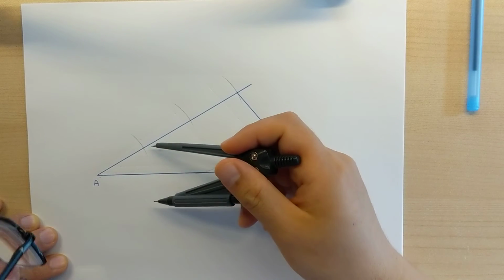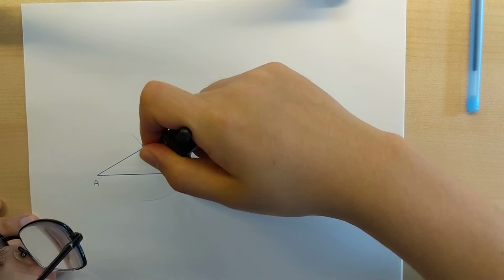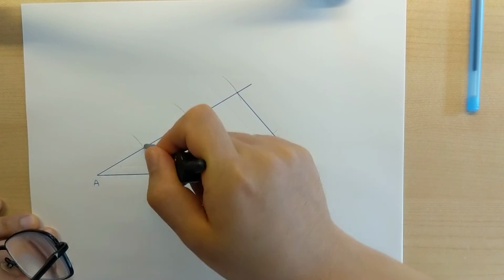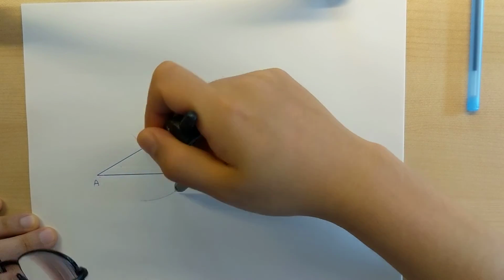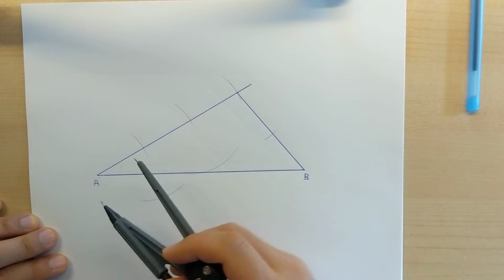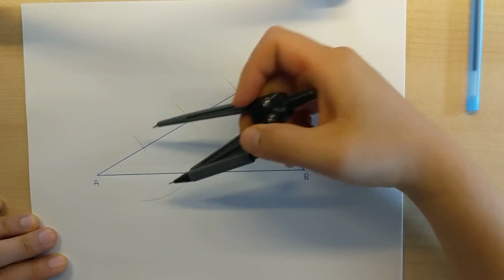I want to do the same thing with this point right here. I want to draw my arc like so. Remember, all of these are of the same length right now, right?